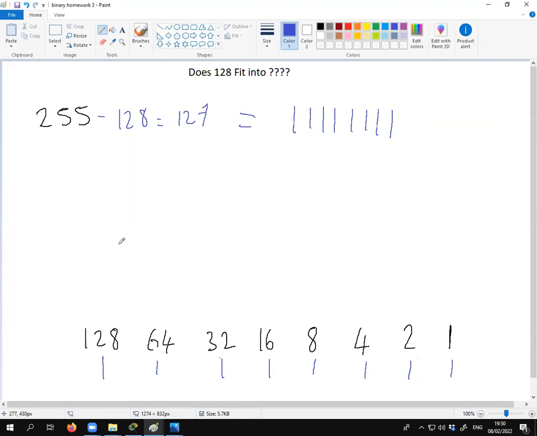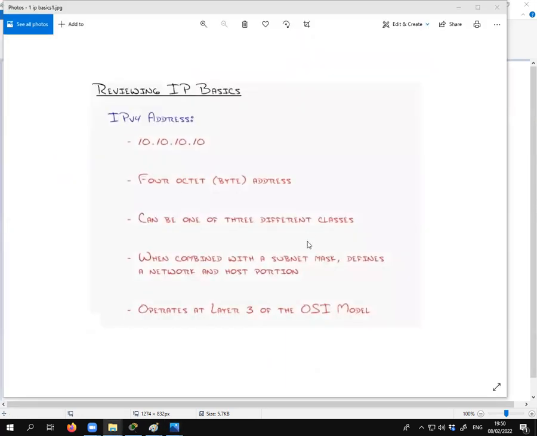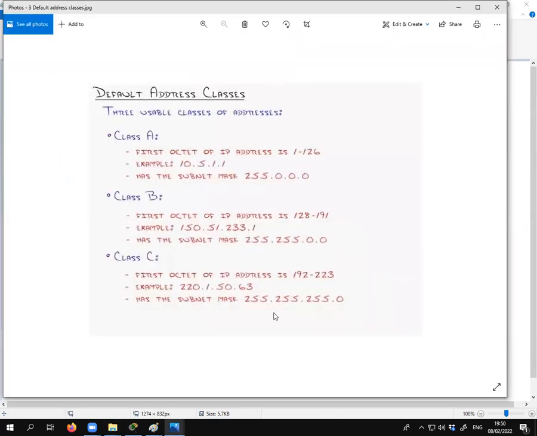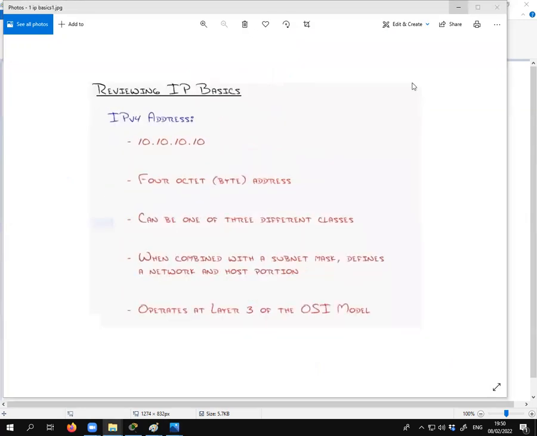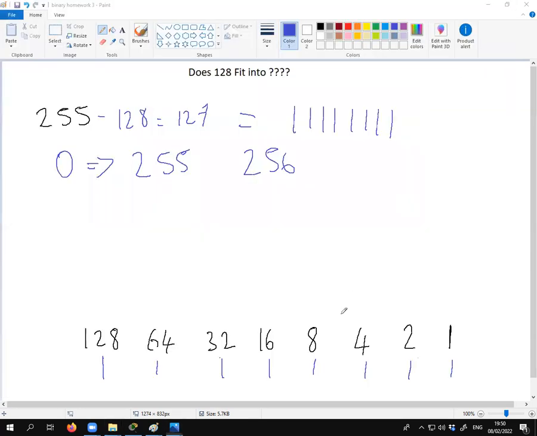Now, you will get 256 values because you start at 0. So 0 to 255 gives you 256 addresses. Remember earlier we were saying the subnet 255.255.255.0? Well, we had 256 addresses there because we had 8 bits for your hosts. I'm going a bit much into this here.